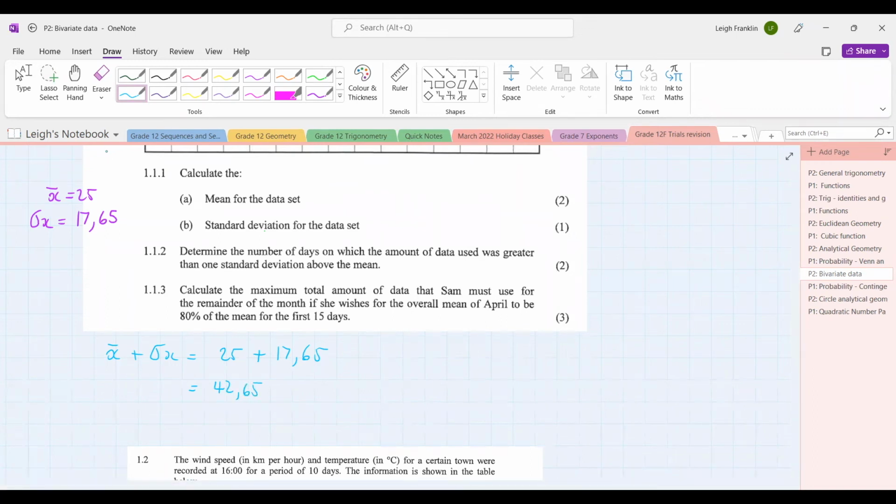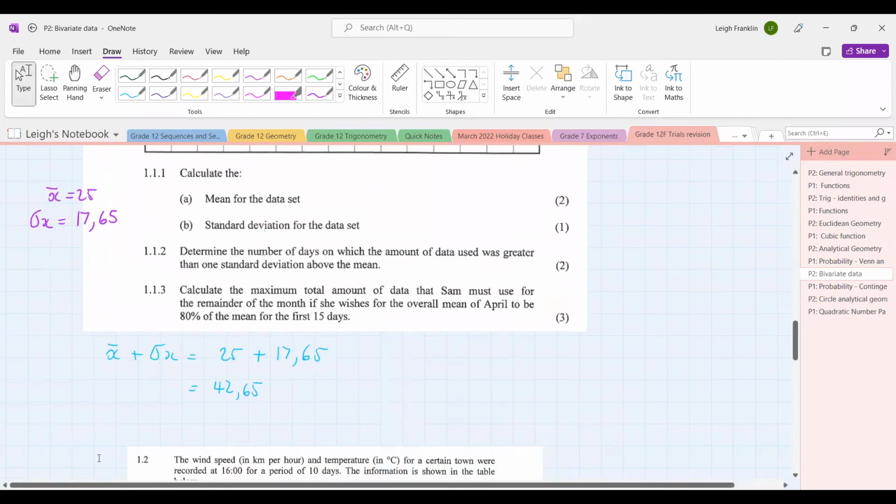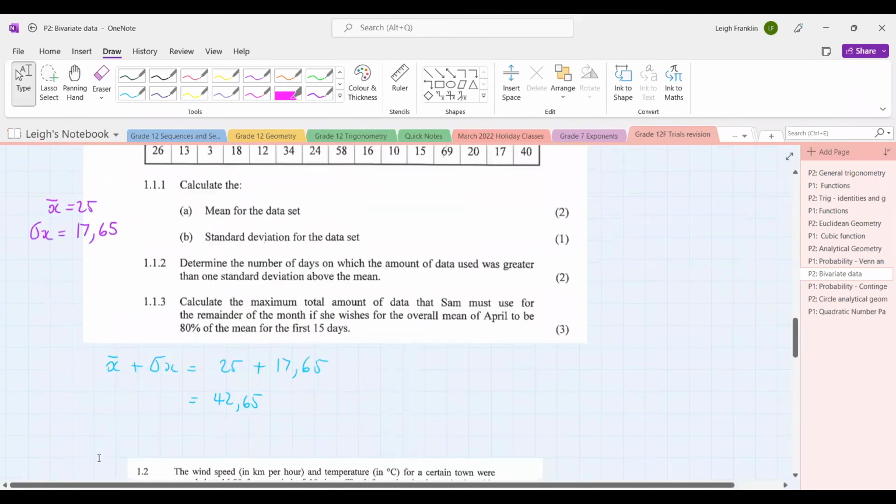Okay, so the number of days on which the data used was greater than 1 standard deviation of the mean. 1 standard deviation of the mean is 42.65. All right, so now we're looking for numbers that are bigger than 42.65. So that's this one over here, that one over there only. Okay, so it's 58 and 69 only.